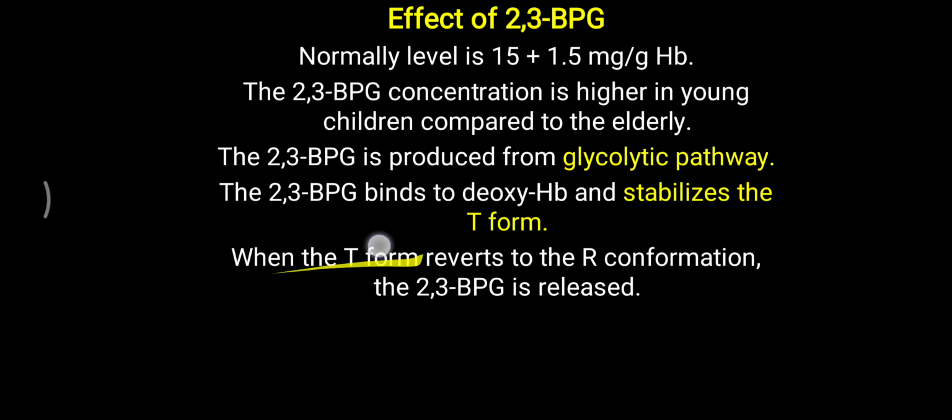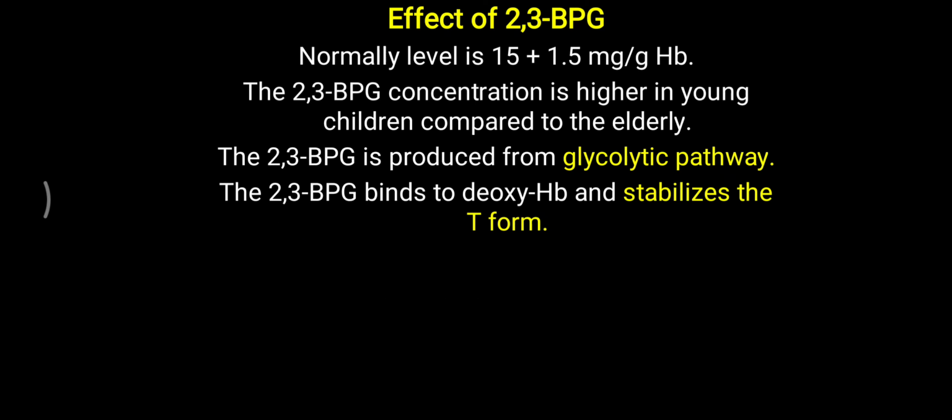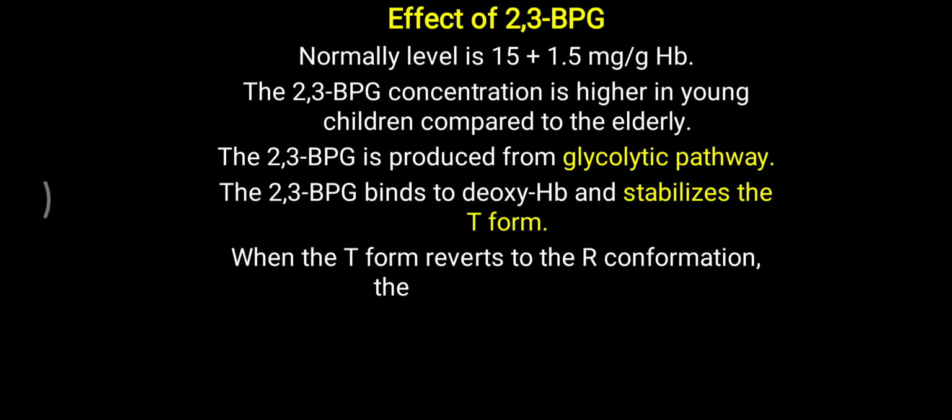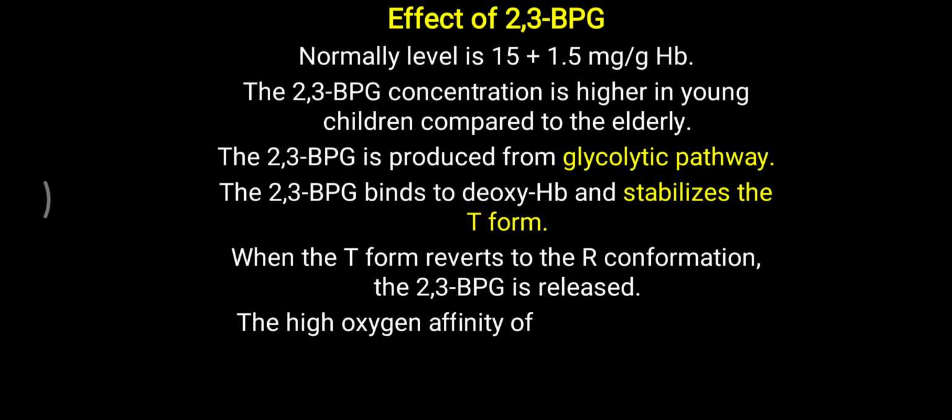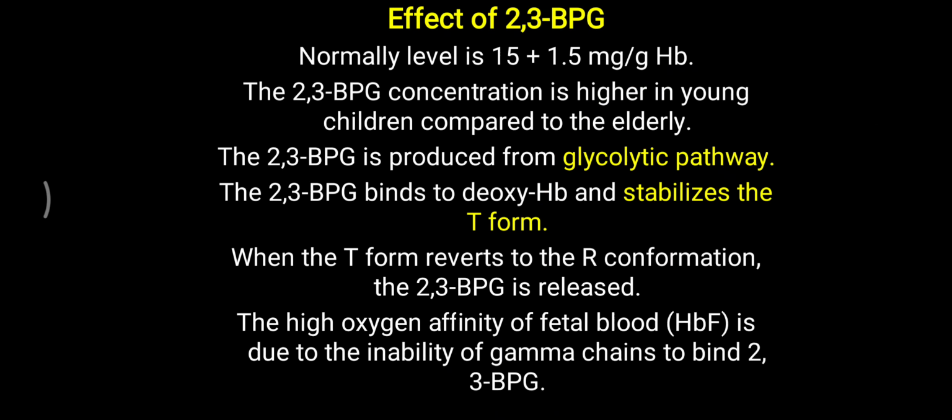Basically, 2,3-BPG binds to the deoxyhemoglobin and stabilizes the T form, so the T form will remain stabilized inside the blood. To make the hemoglobin stable in this T form, 2,3-BPG is very helpful. When the T form reverts to the R form, 2,3-BPG is released from the hemoglobin. Simultaneously, when there is a need to release more oxygen, the 2,3-BPG level is increased in the blood. So simply remember that 2,3-BPG is targeted to release more oxygen from the hemoglobin.